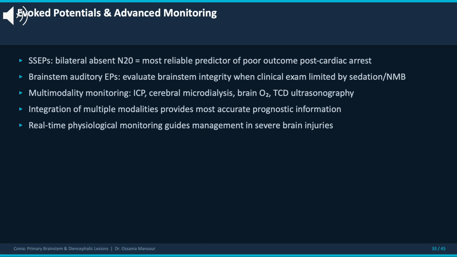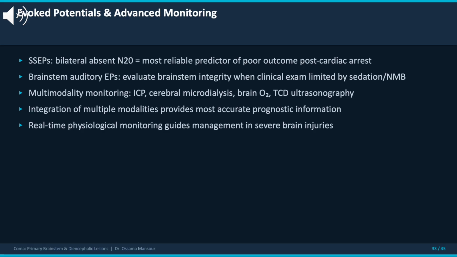Bilateral absence of the N20 cortical response, the cortical potential generated approximately 20 milliseconds after median nerve stimulation, is one of the most reliable predictors of poor outcome in post-cardiac arrest patients, with a very low false positive rate for predicting poor outcome.